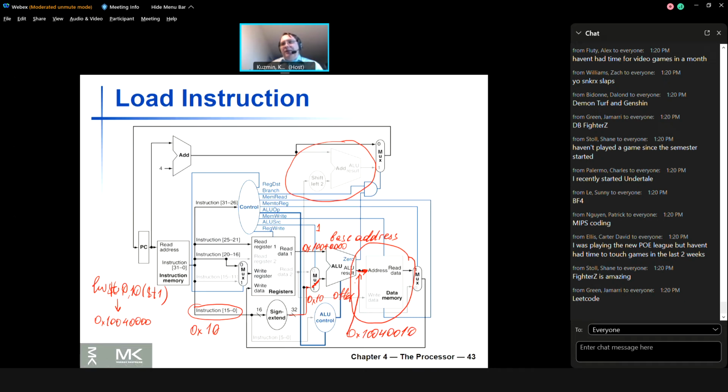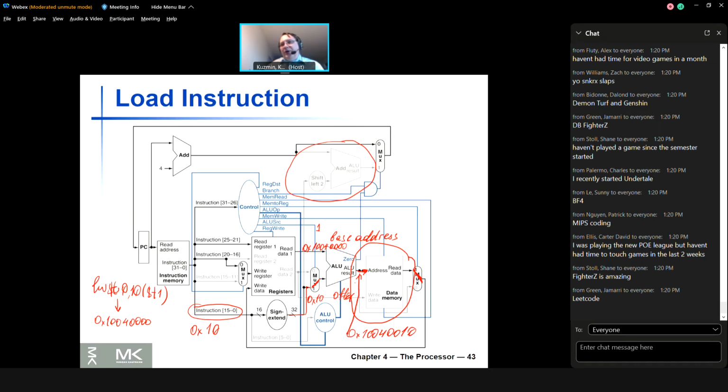So that's that. And then the value read from the memory is written back to the register file. So this read data is the value read from the memory, which means that whatever we are writing back to the register is coming not from here, but from here, from the read data output of data memory. Okay, because previously, remember, for the R-type instructions, we were using this wire so that we could route the result of the ALU, like the result of our addition.